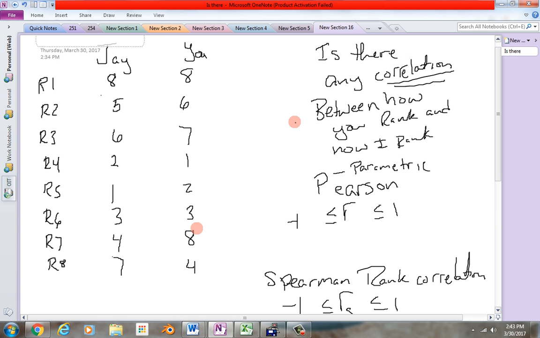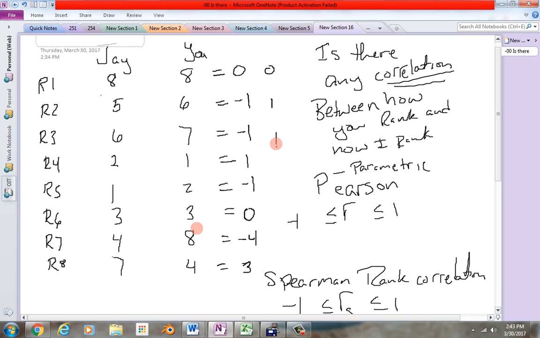Now up here, if we take j minus u, we get 0, -1. What if I subtracted it the other way? It won't matter because in a minute we're going to square these anyways. So regardless of what you get, you end up squaring them anyway. So you get 0, 1, 1, 1, 1, 0, 16, and 9.